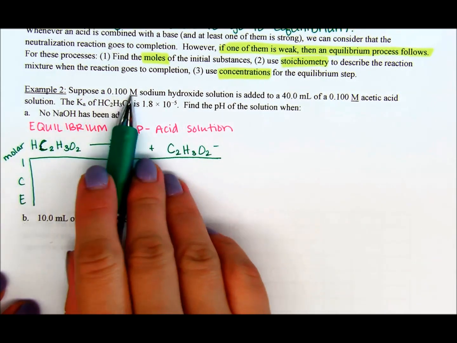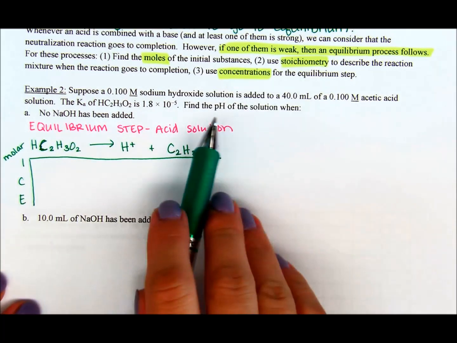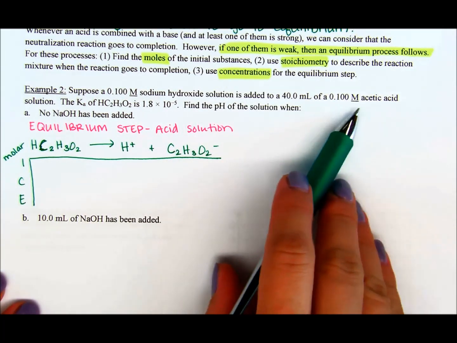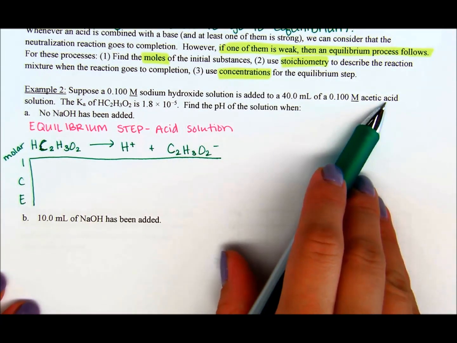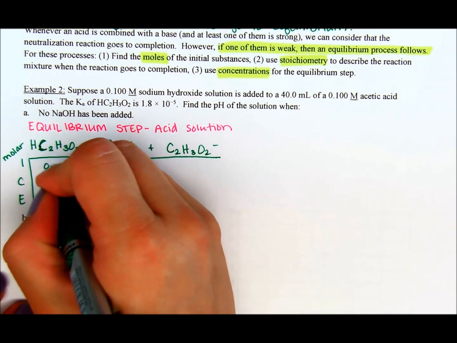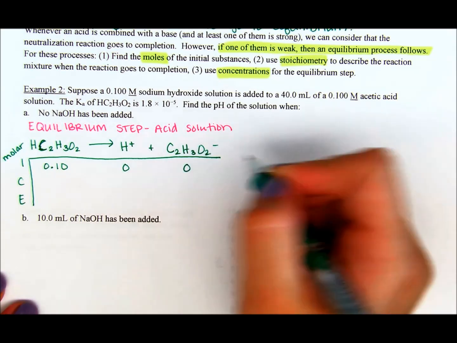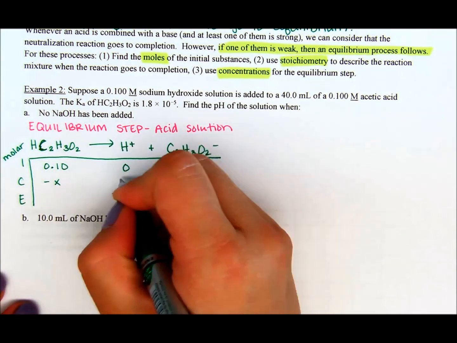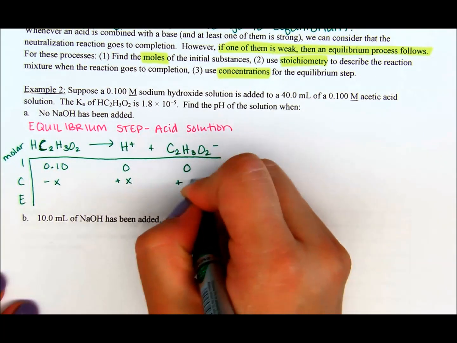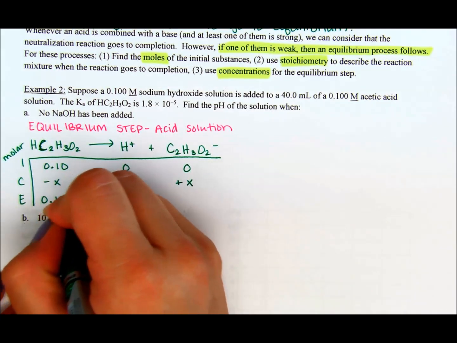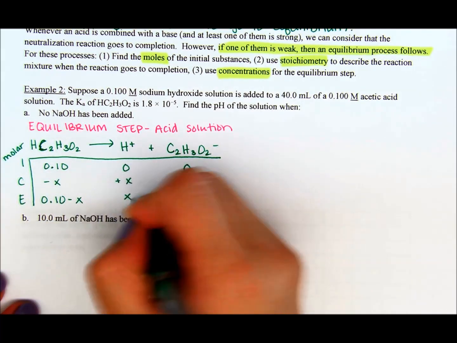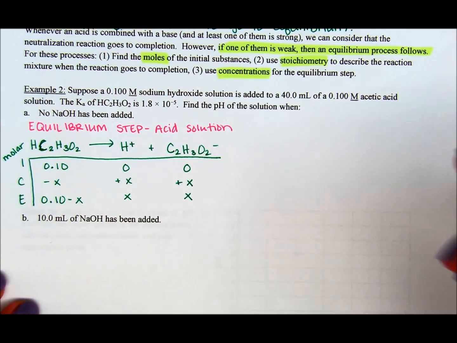Nothing's been added yet, so we just have our 0.10 molar acetic acid solution. Of course, at the beginning, nothing is dissociated. Minus x, plus x, plus x. And we get 0.10 minus x, and then we have our two x's there.